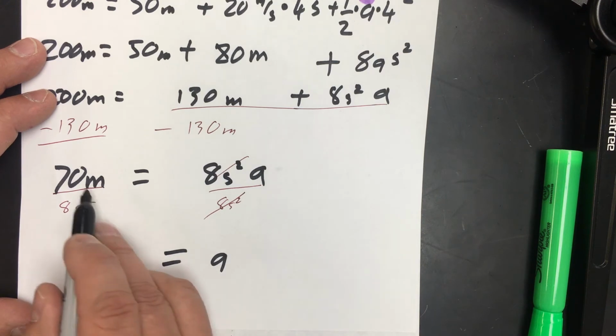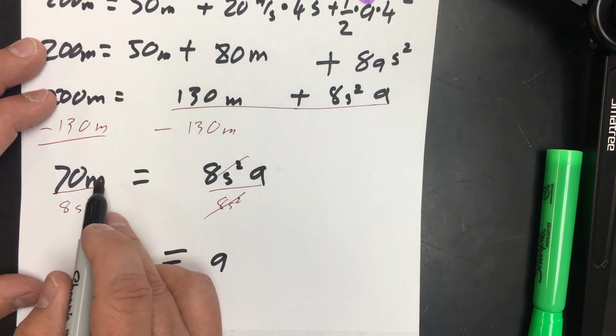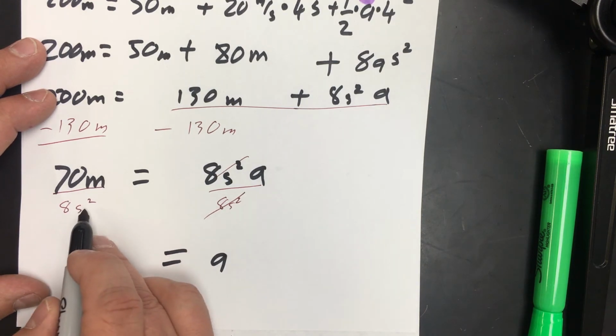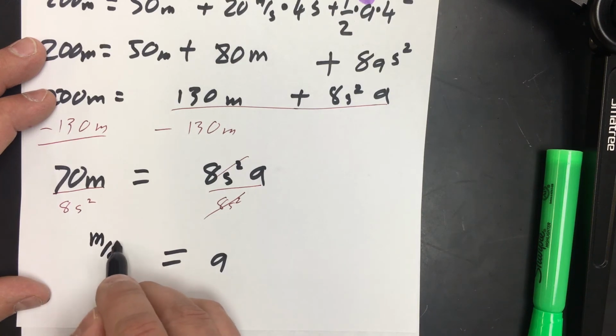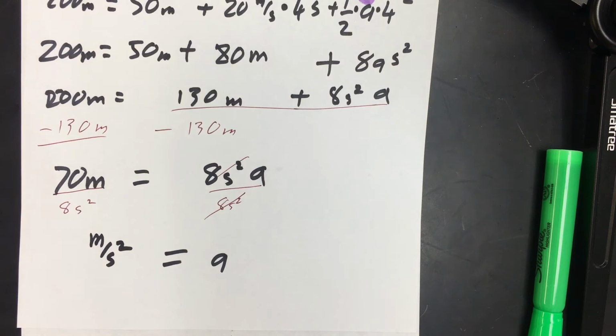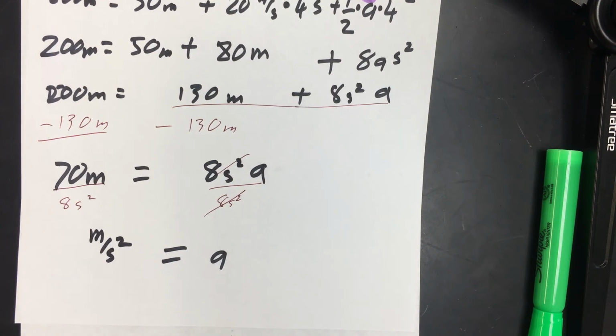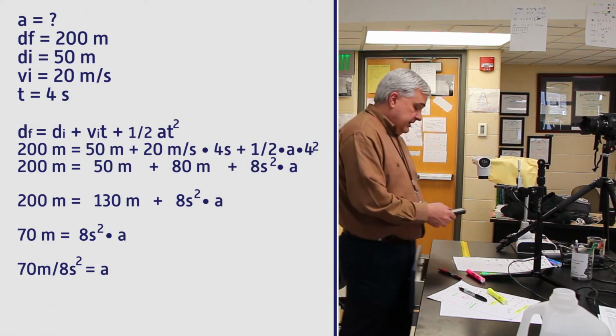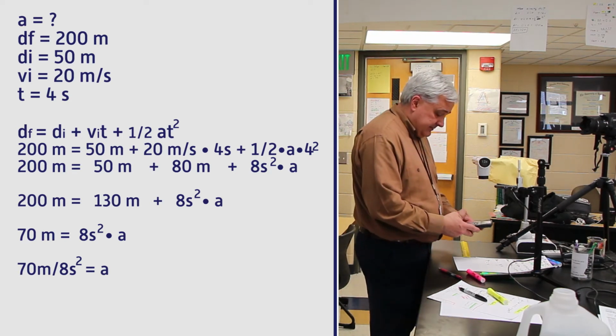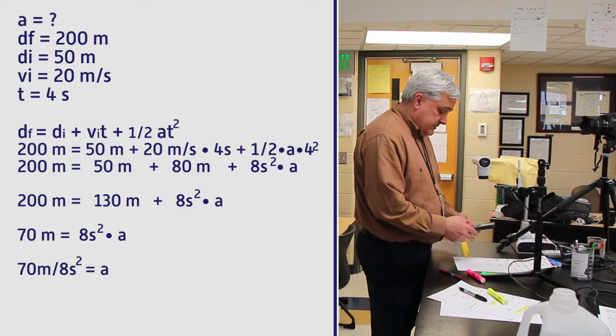I don't know what that's going to be, but I know I'm going to end up with meters over second squared. So I'm going to go ahead and write my units in. Now, what are the units on acceleration? Meters per second squared. By keeping up with our units, we have proven, at least, that we have followed the right steps. And let's see if we get the right arithmetic.